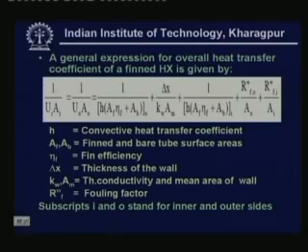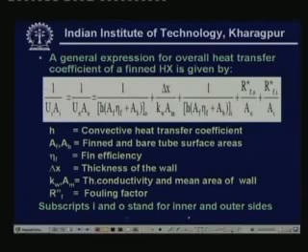Now, a general expression for overall heat transfer coefficient of a finned heat exchanger is given by this expression. As I have already explained to you, this is the overall heat transfer coefficient, that means UA. Okay. This depends upon your different resistances which are in series. So, for any general heat exchanger there are 5 resistances here.